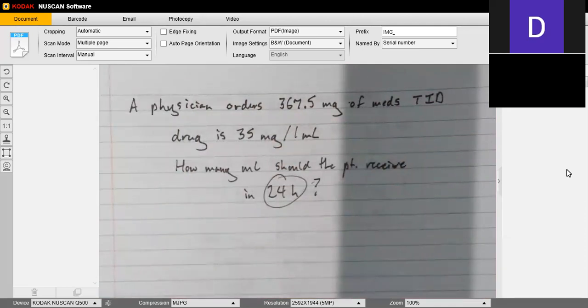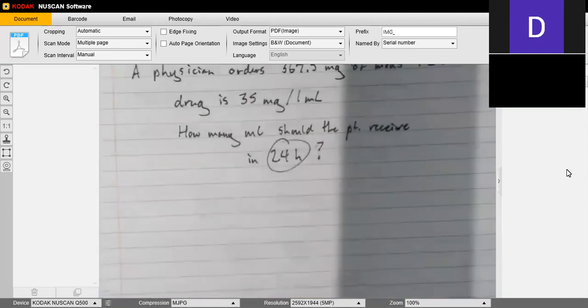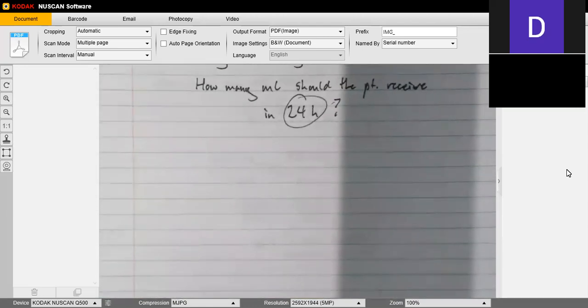if the drug itself only comes in 35 milligrams per 1 milliliter, or 35 milligrams per milliliter, and the physician wants 367.5 milligrams. Well, this is actually a lot easier than it looks, because we just have to work with the information that we're given.